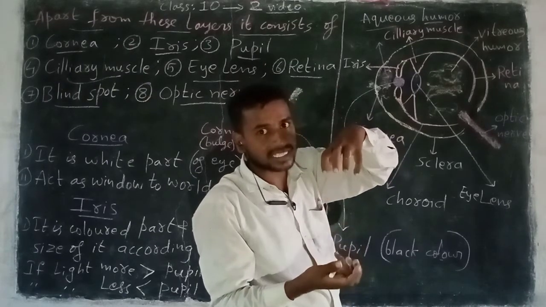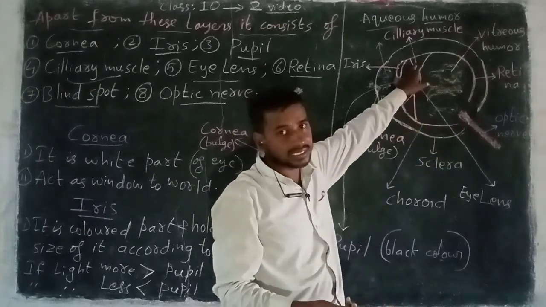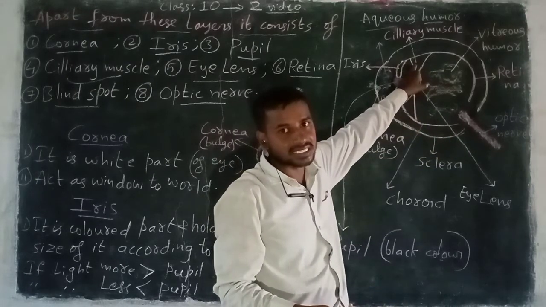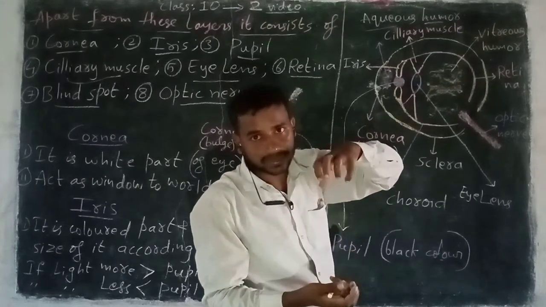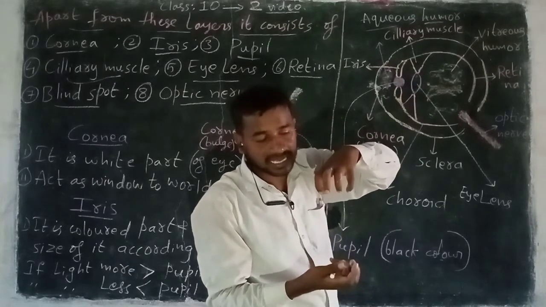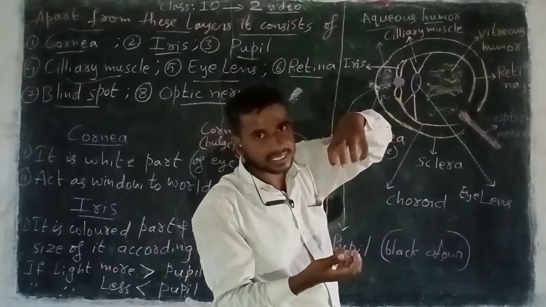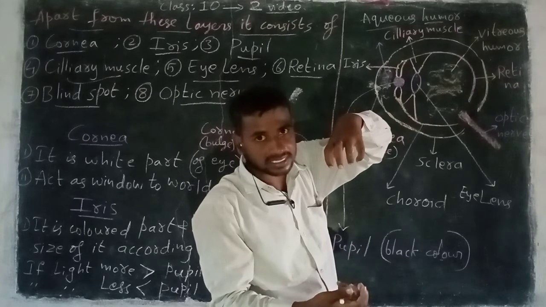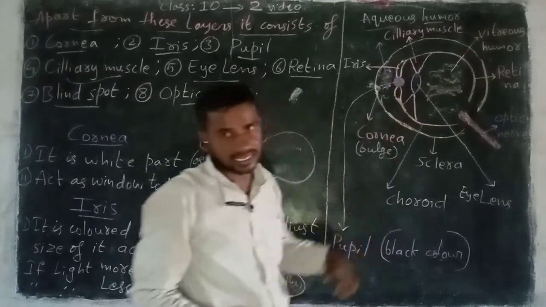Both are holding the pupil. And these are called ciliary muscles, where the lens is caught by the upper ciliary muscle and the lower ciliary muscle. Both ciliary muscles are holding the lens.